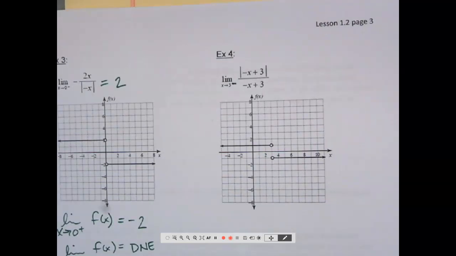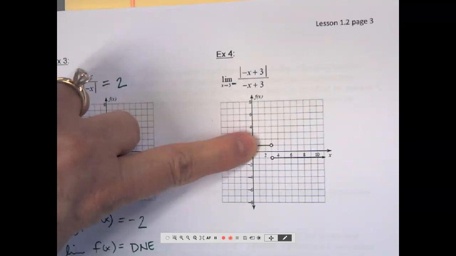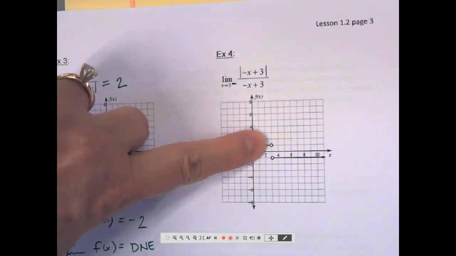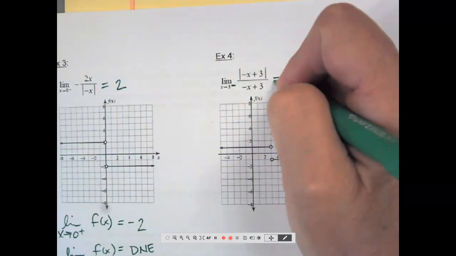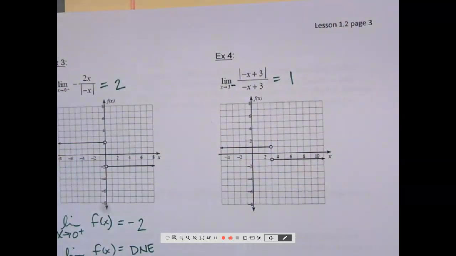Okay, approaching from the left, what is my limit? 1. From the left, I'm coming in this way. Those y values are not only approaching 1, but they are 1. What about approaching from the right? -1. What about just approaching 3? Undefined, or does not exist.